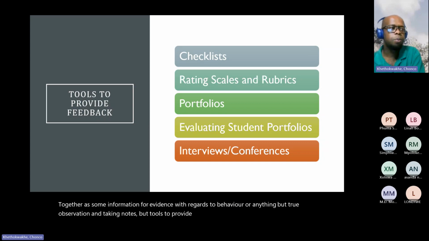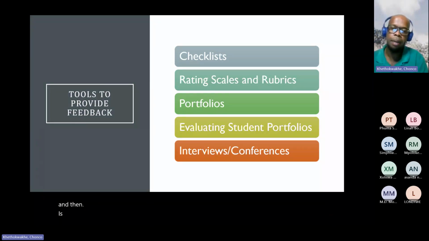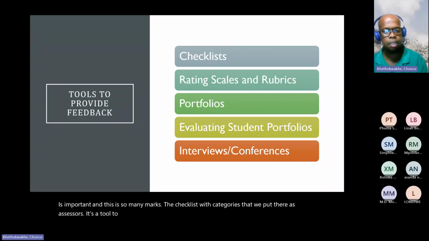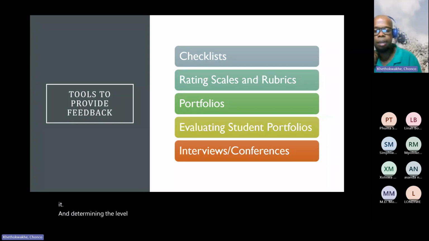And sometimes when we give an assessment, we give students a checklist that guides them, saying please collect this, and this is important, and this is so many marks. The checklist with categories that we put there as assessors is a tool to gain some insight on learners' responses, and at the same time to use it when marking and determining the level of performance for that particular student. Rating scales and rubrics.